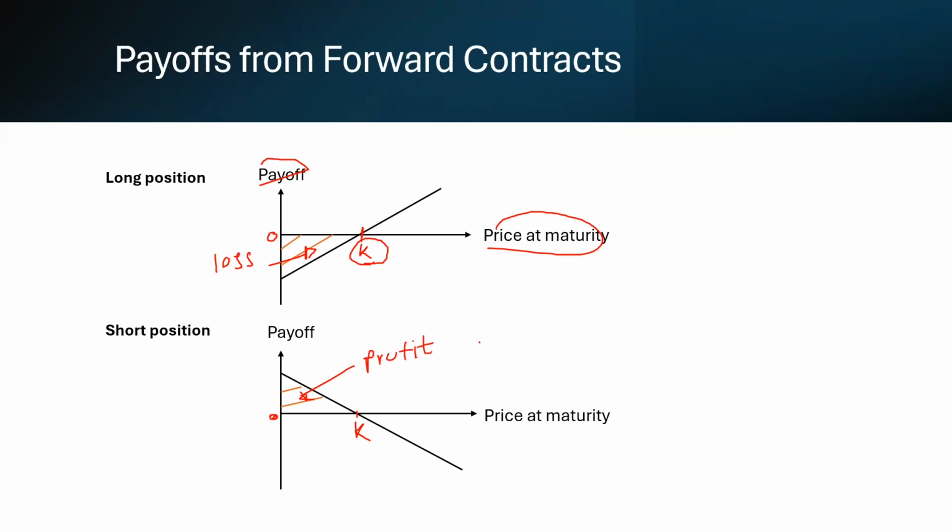So what you have to mainly remember is that in a forward contract, you might either end up in a loss or you might end up in a gain. It's up to you, but the thing is that in forward contracts, you mainly focus on minimizing your risk or hedging the risk. You might end up with a profit or a loss.